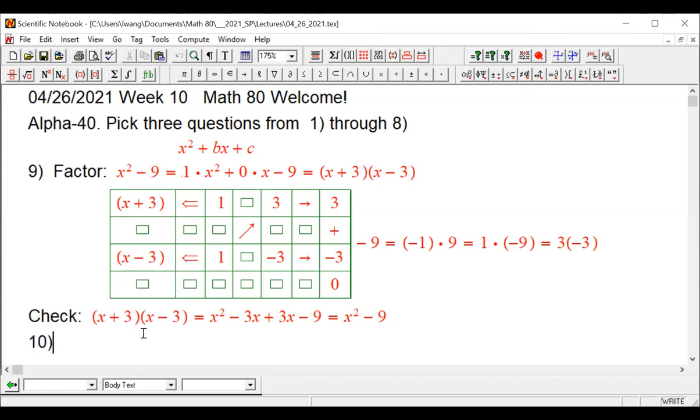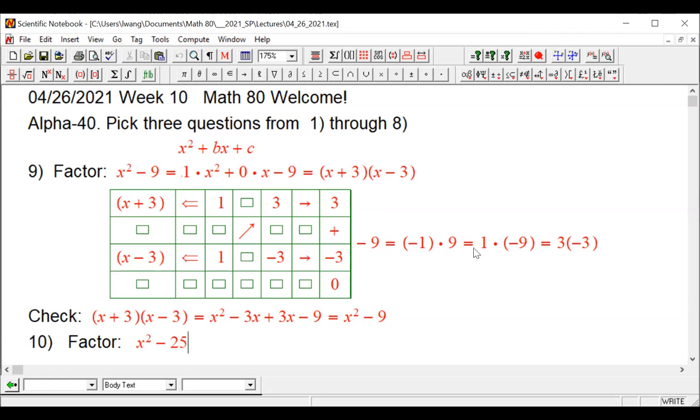So please try number 10. Number 10 is to factor x squared minus 25. Your turn, please.